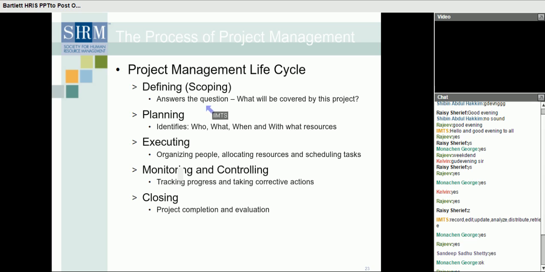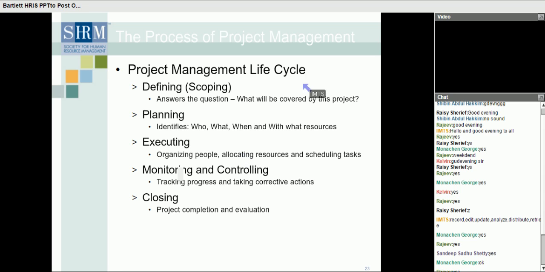In defining part, you decide what will be the scope of the project. In planning part, you decide who, what, when and with what resources. In executing part, you organize people, allocate resources and schedule tasks. In monitoring and controlling, you track progress and take corrective actions.